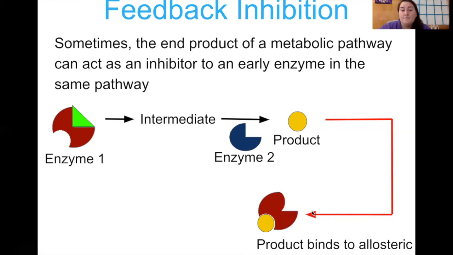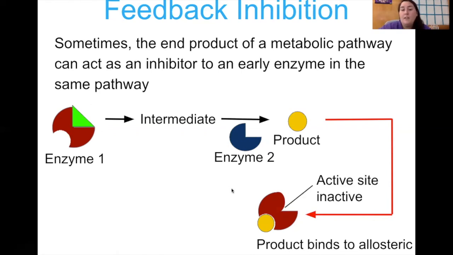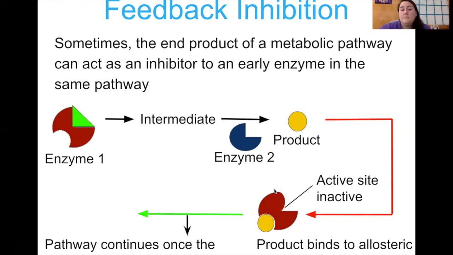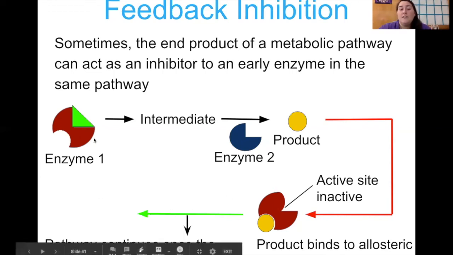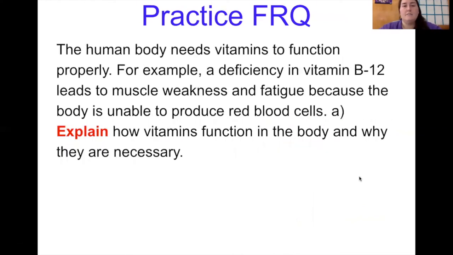Remember, it changes that shape, and now that original substrate can no longer fit in enzyme 1. And so it'll go until all of those enzymes that were producing this product are now inhibited or changed. All right, that's it for this section.